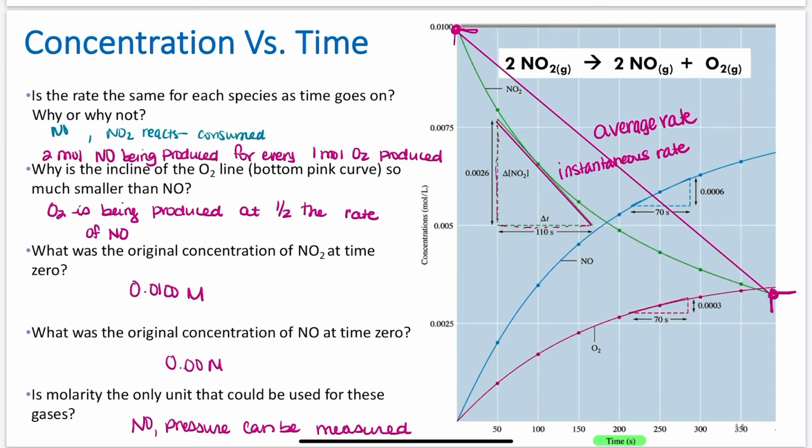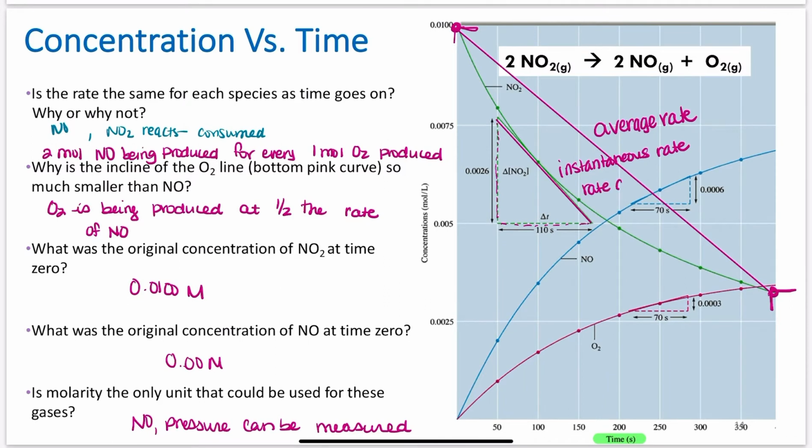My instantaneous rate is the rate at that moment. I expect the instantaneous rate to be higher for reactants when I'm closer to the start of the reaction. I expect it to be lower for reactants at the end of the reaction. You can also see the instantaneous rate decreasing for the production of our products as well.